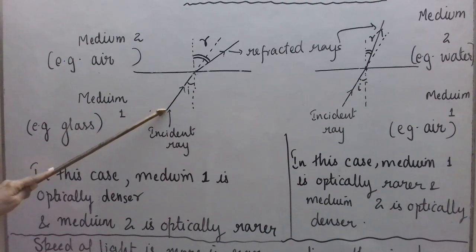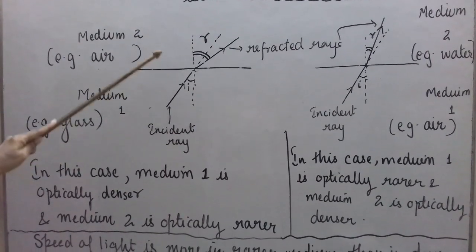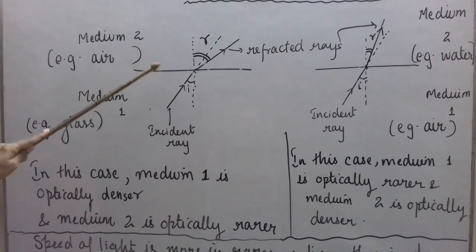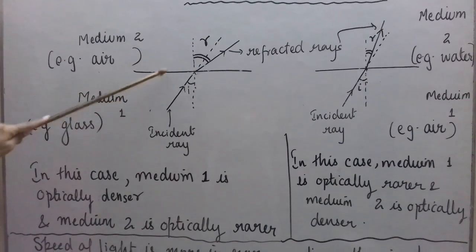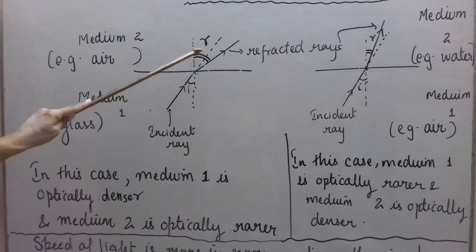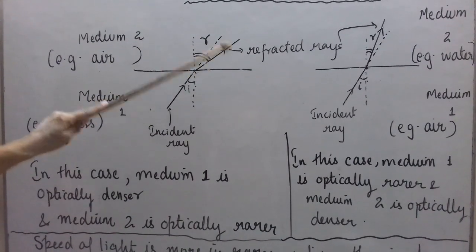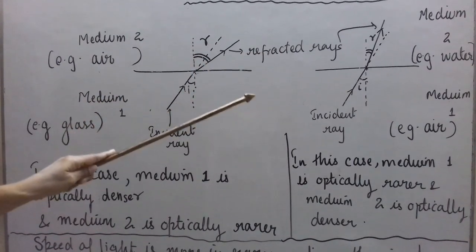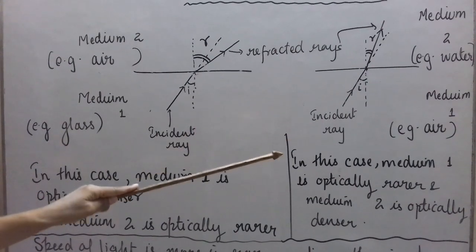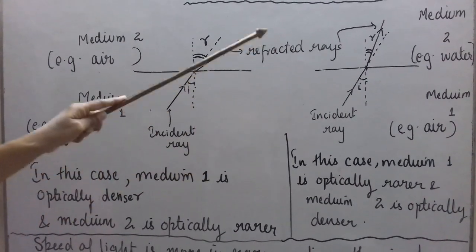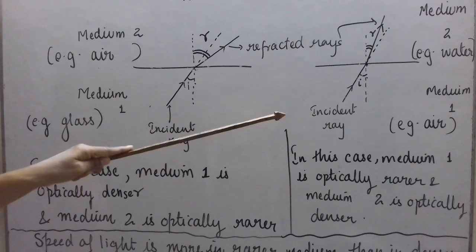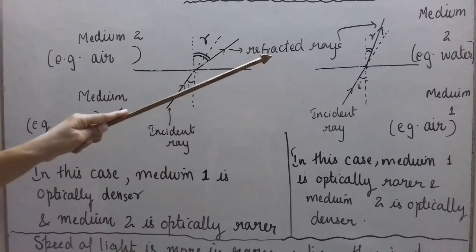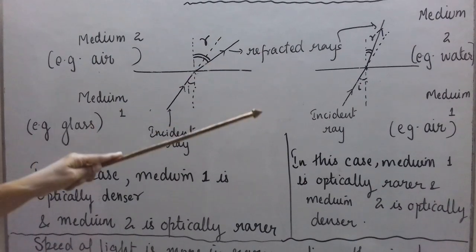So whenever light enters from one medium into another medium, if the speed of light increases, as in this case, then the ray bends away from the normal. On the other hand, consider the case where medium 1 is air and medium 2 is water. In that case, the speed of light is more in the first medium and lesser in the second medium. So it reduces in the second medium.